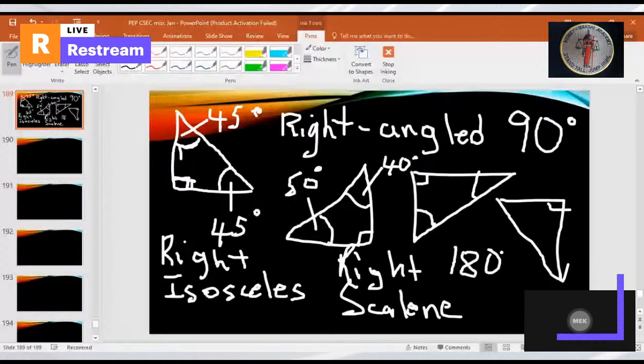So if we're showing this box there, that's a 90 degree angle, and we're told the other one, we can find the missing one by adding the 90 and whatever the other one is that you're given.